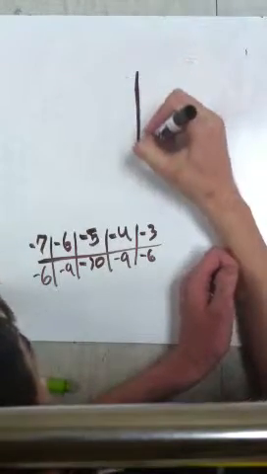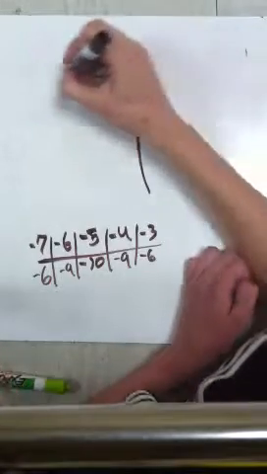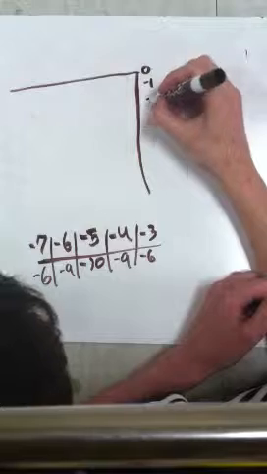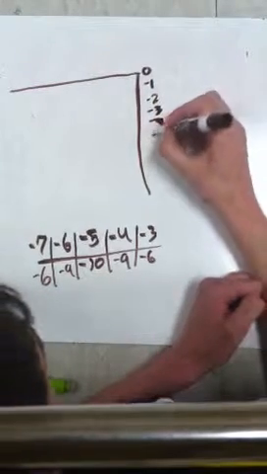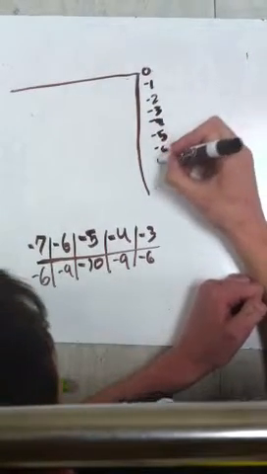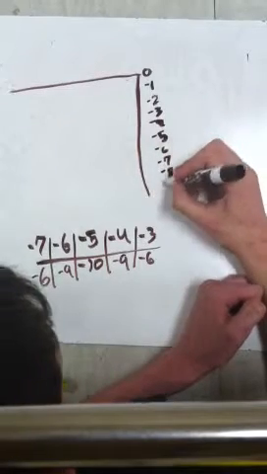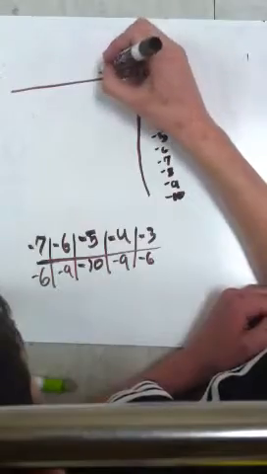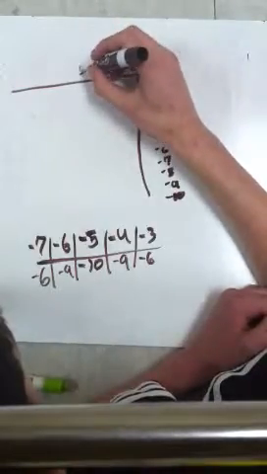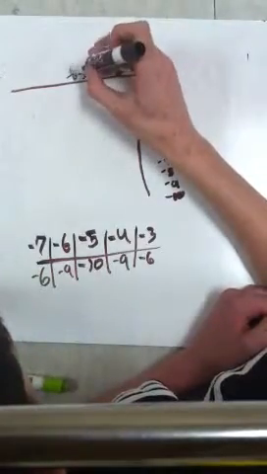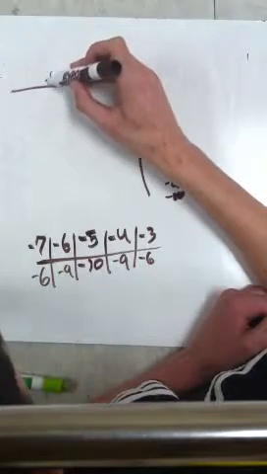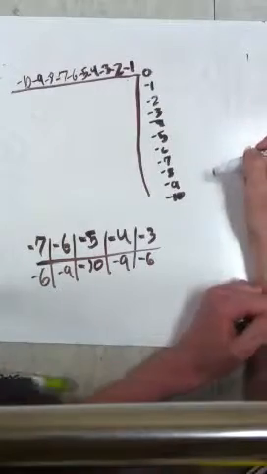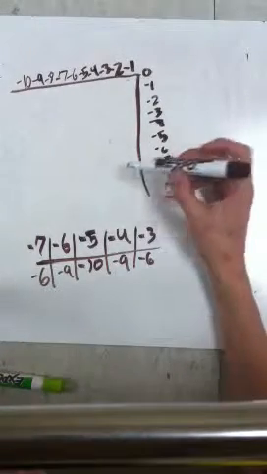So after that, we're going to do the graph. And we're going to go from negative 1 to negative 10. And then we're going to do negative 1 to negative 7. So the first point we're going to do negative 5, negative 10.